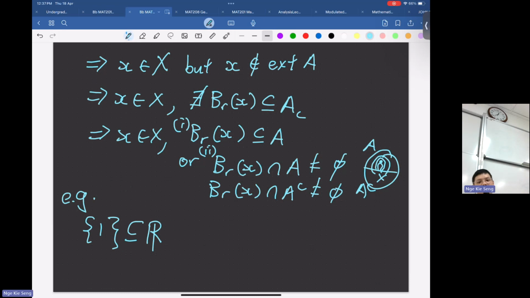For every open ball centered at x, it contains at least one point in A and at least one point in A complement. So every ball you need to contain a point inside A and a point outside A.